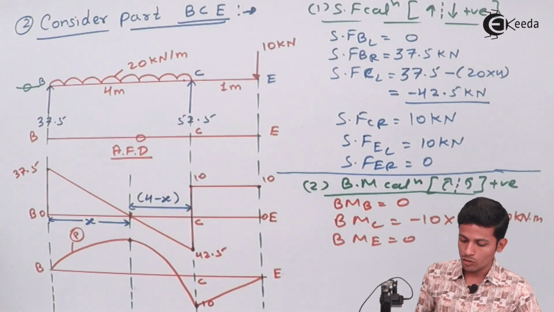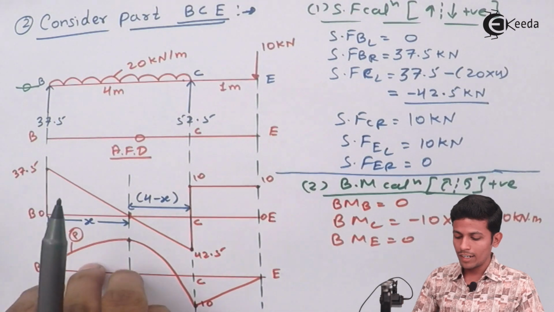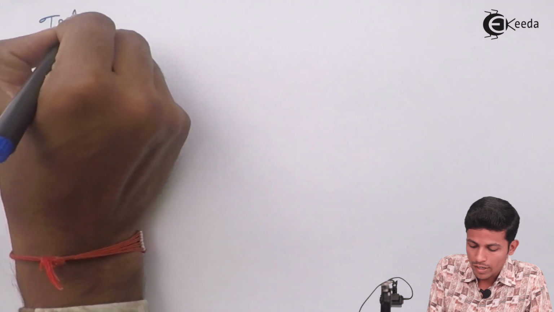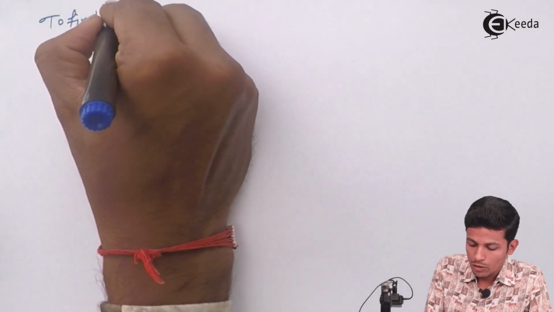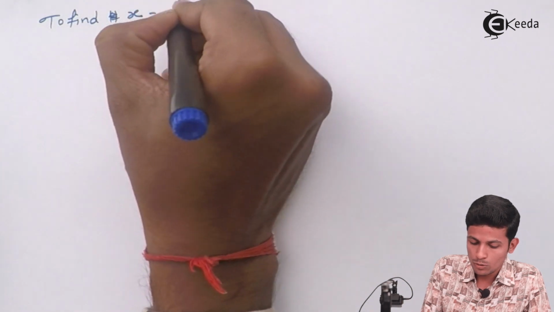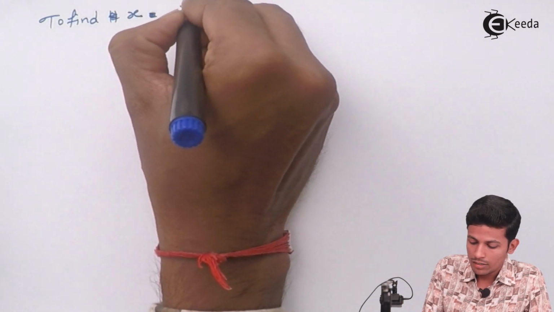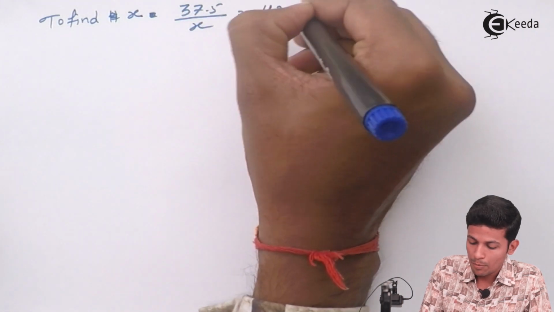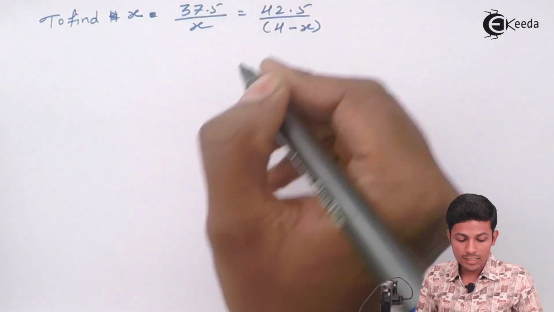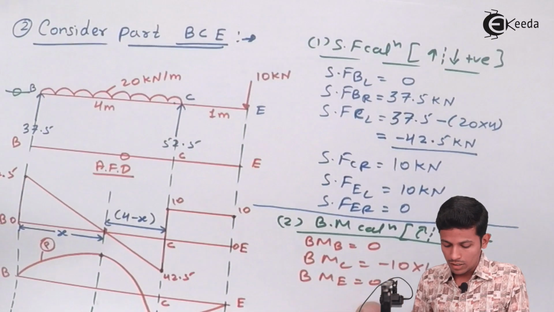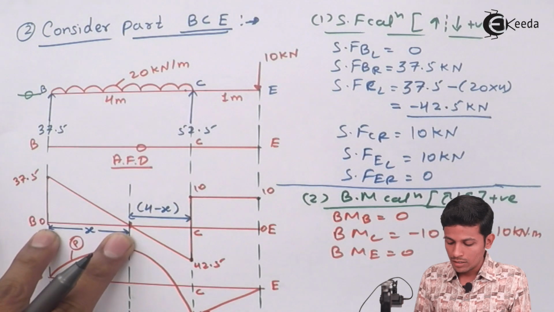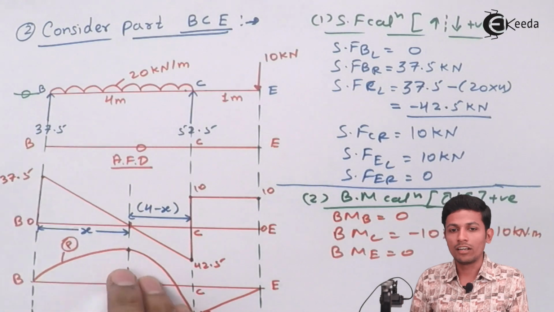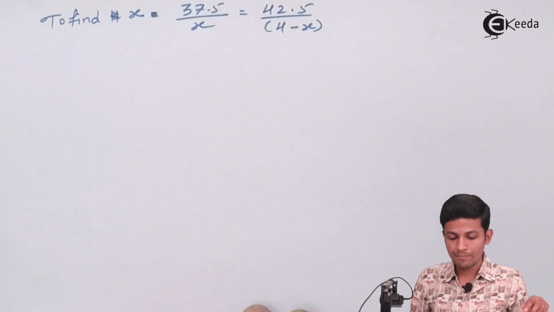After that, to find x: 37.5 upon x is equal to 42.5 upon 4 minus x. See, by similar triangles, as you all know, this is 37.5 into x, 42.5 into 4 upon 4 minus x. This is nothing but similar triangles.